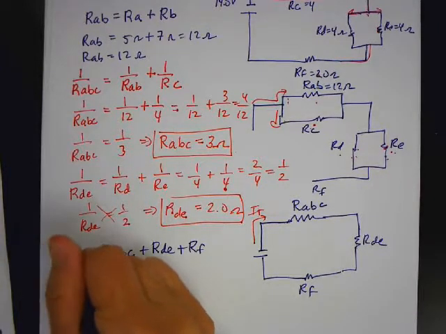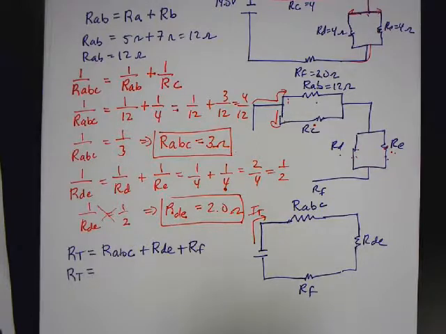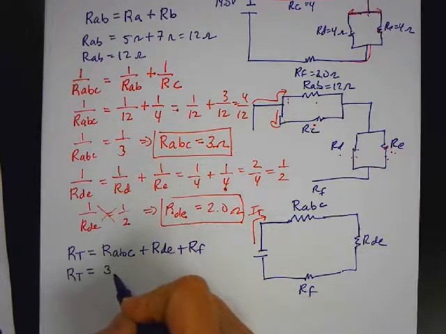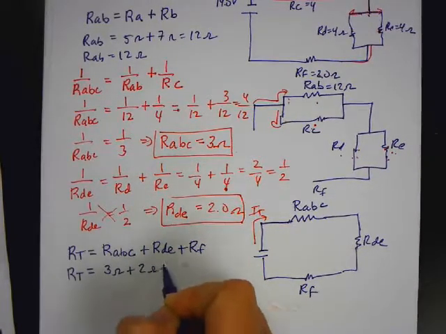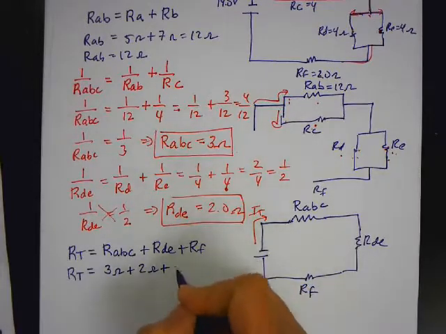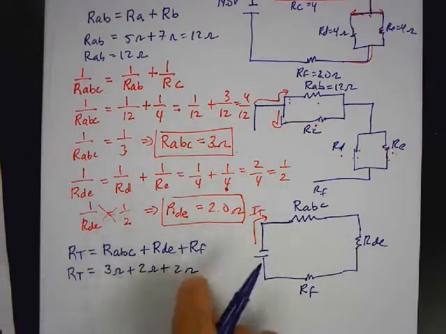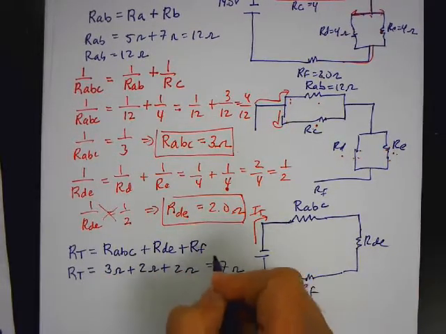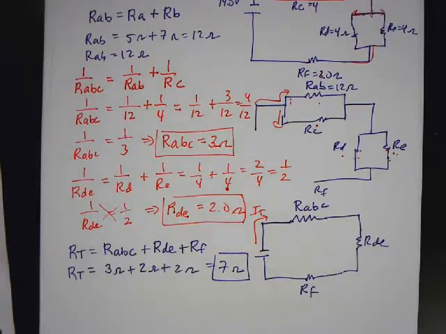So RT is going to be equal to 3 ohms plus 2 ohms, and then RF is 2 ohms. So 3 and 2 is 5 and 2 is 7. So RT is equal to 7 ohms.